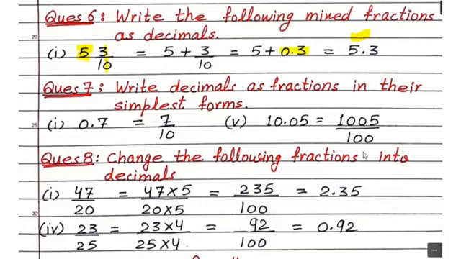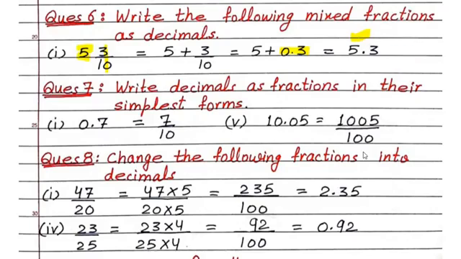So the answer here is 5 plus 0.3. I can put 5.0, right? So this is 5.3. Clear? So 5.3 is the answer here. Clear to everyone? Now let us discuss the next question.